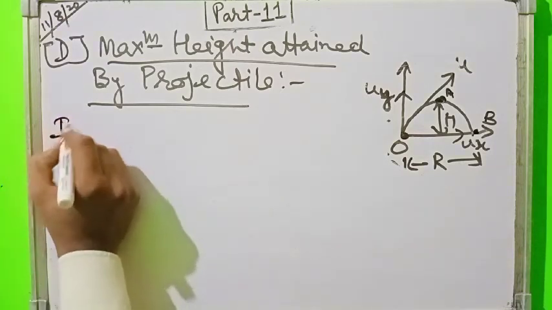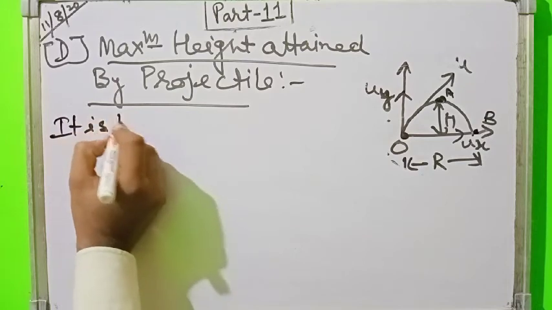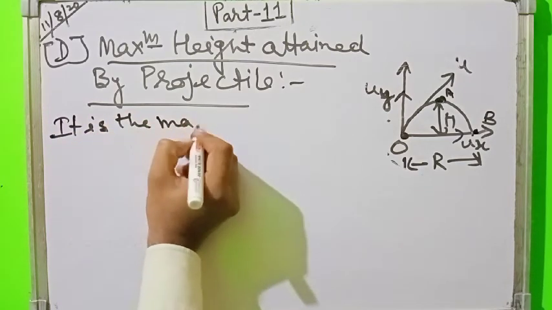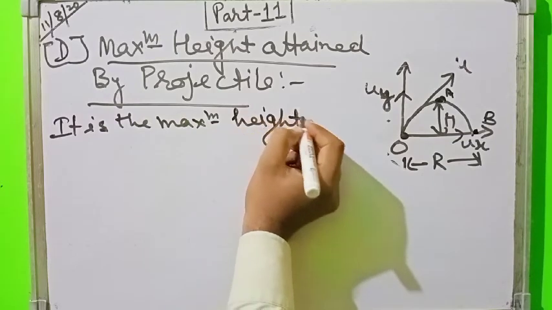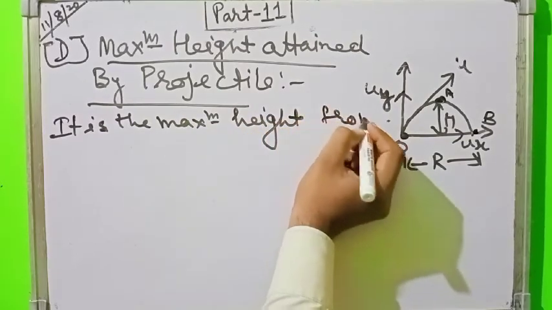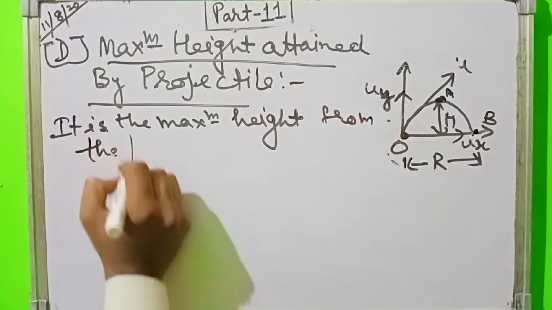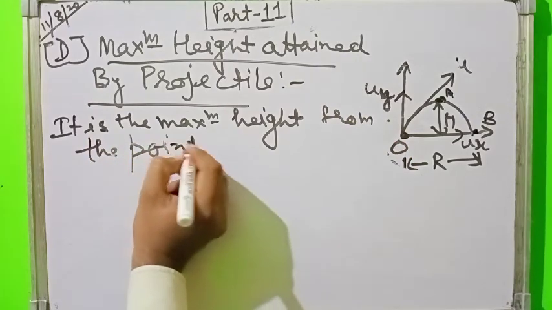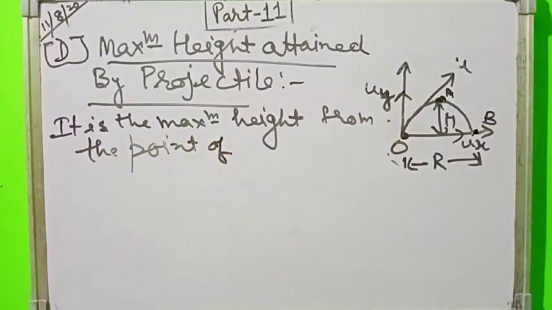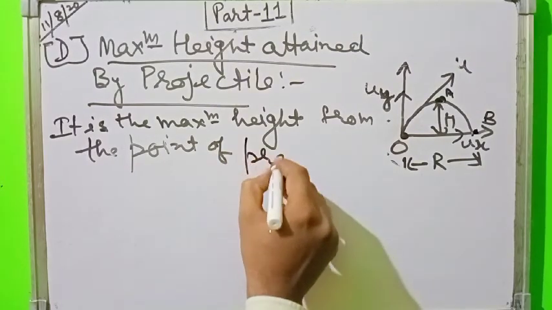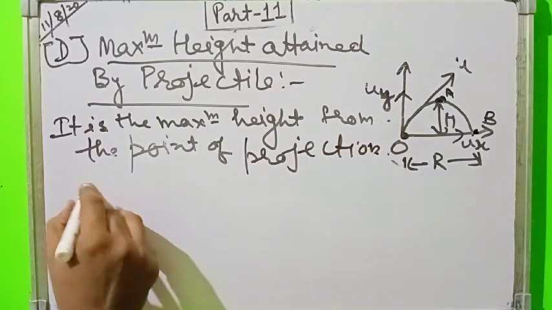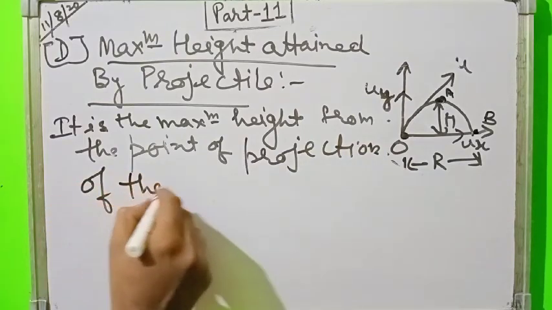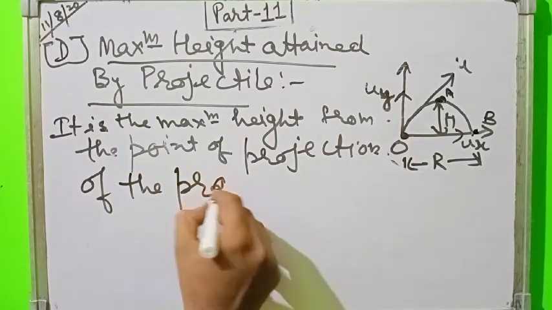So it is the maximum height from the point of projection of the projectile.